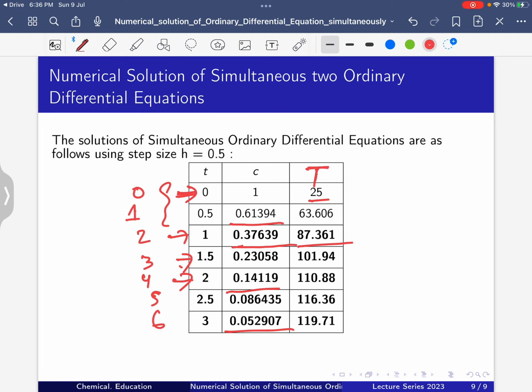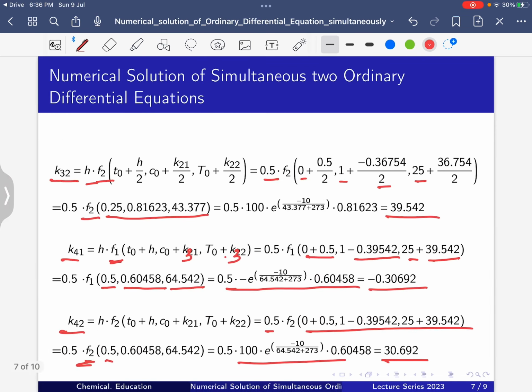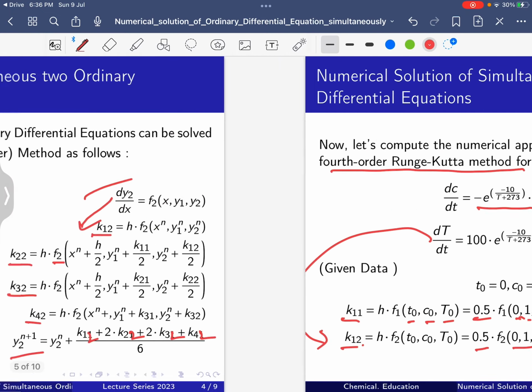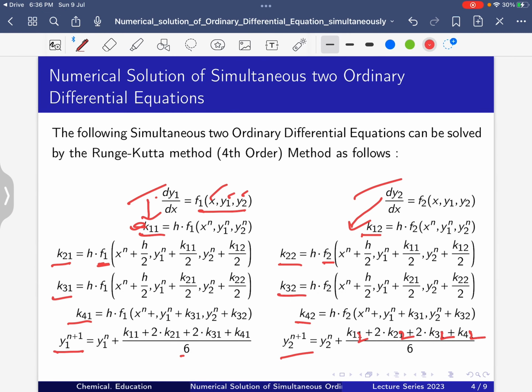Now you know how to solve two simultaneous ordinary differential equations by using the RK4 method. Even if you have 3 ordinary differential equations, the variables will increase. If there are 3 ordinary equations, another variable will come, so a fourth variable will come.